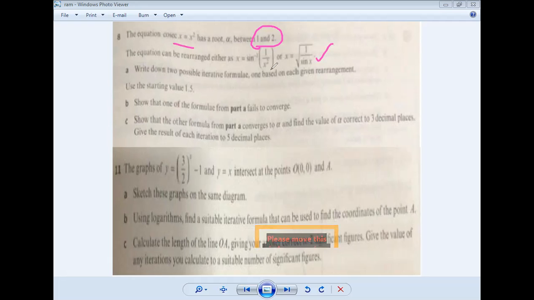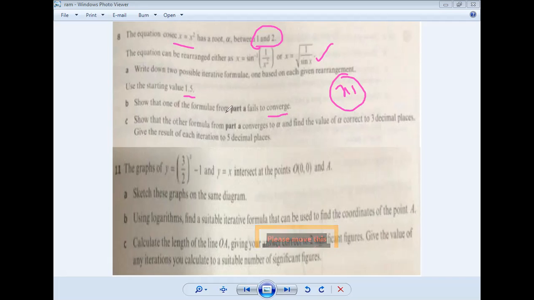That is the first step. Next, write down two possible iterative formulae, one based on each given rearrangement, using the starting point 1.5, meaning we should assume x1 equals 1.5, and show that one of the formulae from part A fails to converge, so we will not get repeated values.